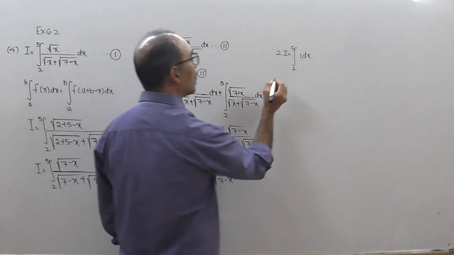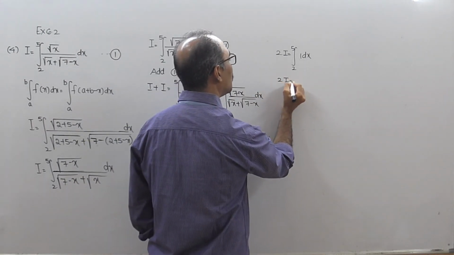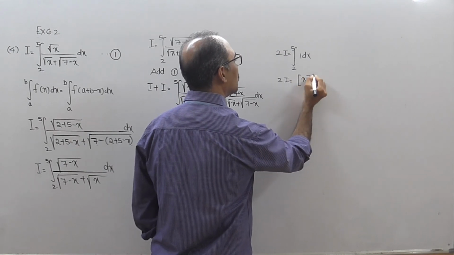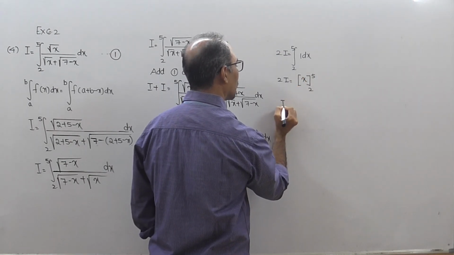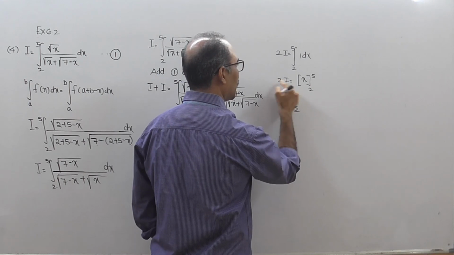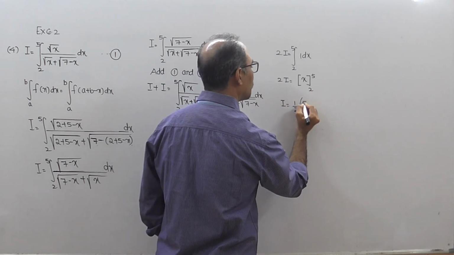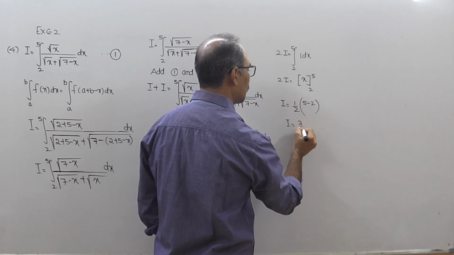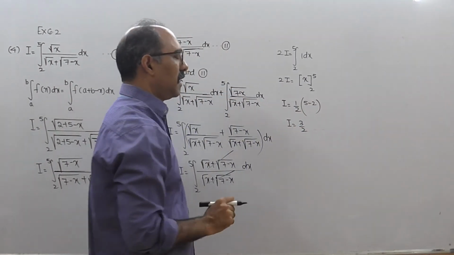So you get 2I equal to integration of 1 will be x, and this will be 2 to 5. I equal to, ये 2 take it to the denominator and this becomes 5 minus 2. I equal to 3 by 2.